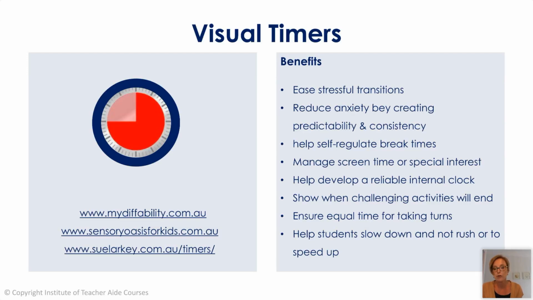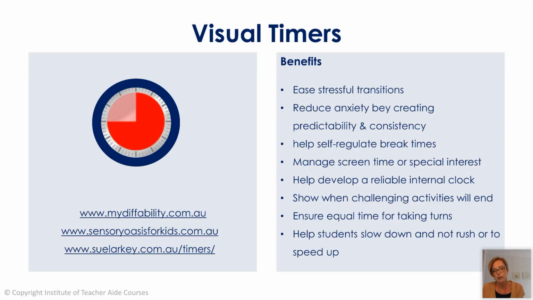And putting a visual timer on supports students to know that preferred activity is going to be finishing shortly. Because sometimes when they get to do their special activity or have their special item, giving that up is a little bit tricky or a little bit difficult. So having that visual timer can help in that space.